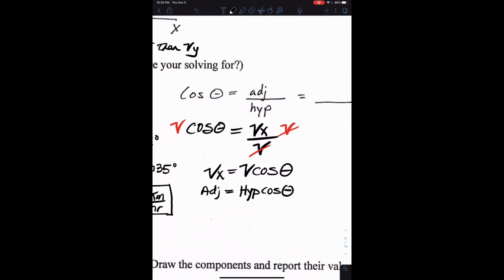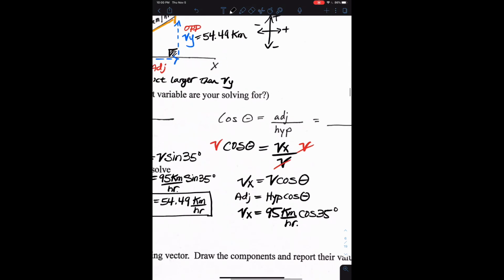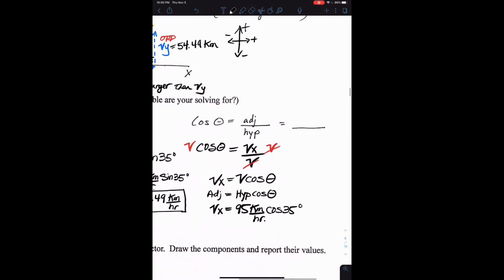Okay, let's go ahead and plug numbers in. So we know that Vx then is equal to 95 kilometers per hour times the cosine of 35 degrees. Now the cosine of 35, I know for a fact, is going to be a larger number than the sine of 35.